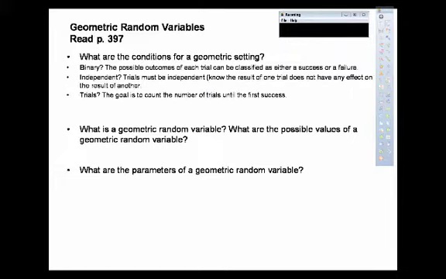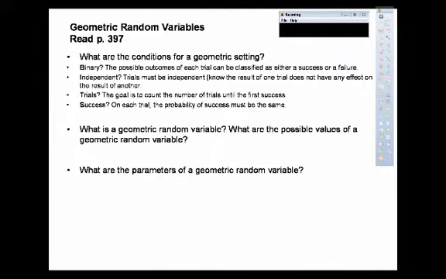And the goal is to count the number of trials until the first success. That's different from the binomial. And the probability of success on each trial must be the same. So instead of bins, geometric is going to be bits. So always check your bits.